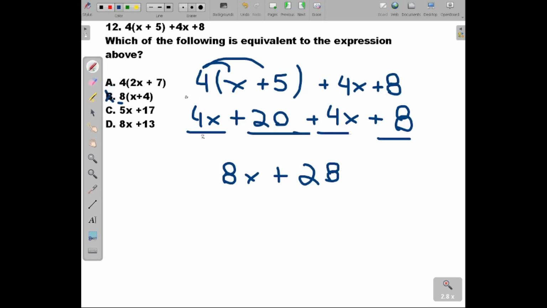So it cannot be b, but we could factor by 4. Let's see, it's equal to 2x plus, and 28 divided by 4 is equal to 7. So yes, the right answer is A. 4 times parentheses 2x plus 7.